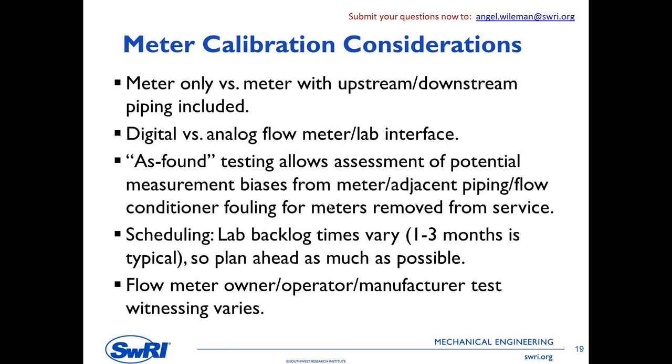Another consideration is, how are you actually going to use the signal from the meter? Are you going to use a digital signal from the meter? Most modern flow meters have Modbus output or some type of digital output that you can take into a flow computer to tell you what the flow rate is. God help you, are you going to use an analog? Are you going to use a 4 to 20 milliamp output in your system?